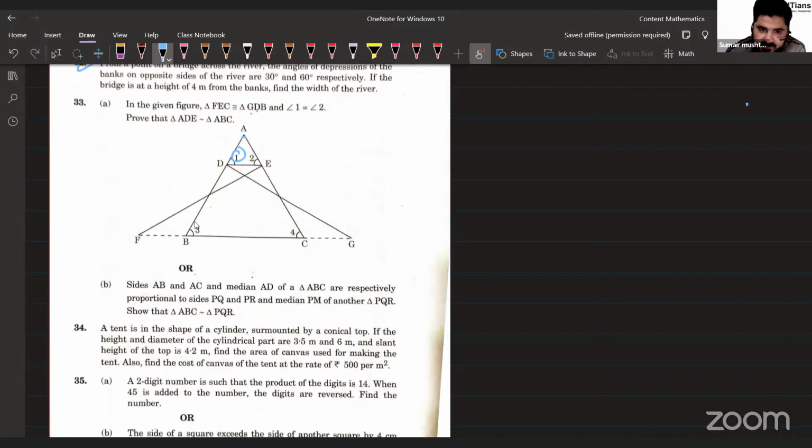Simply, you can show angle 1 is equal to angle 3, angle 2 is equal to angle 3. That's it. When these are equal, you can see that these two are in proportion. Isn't it? That's it. It can be done.